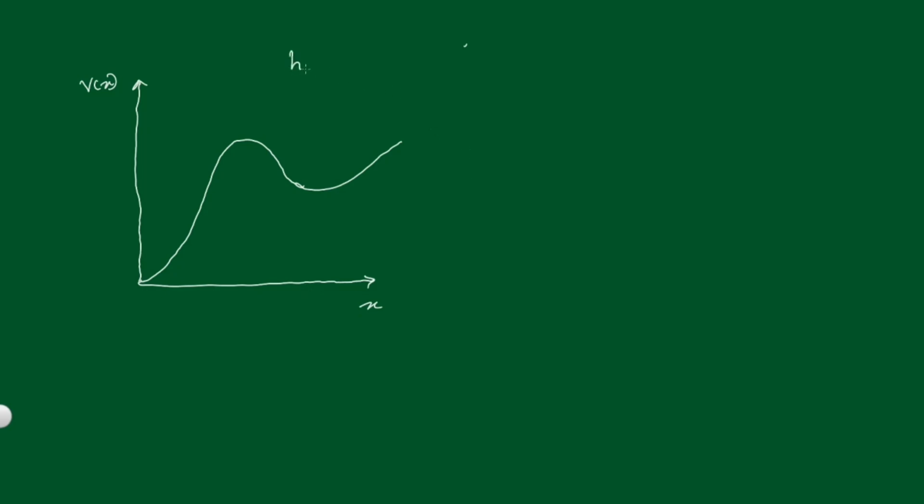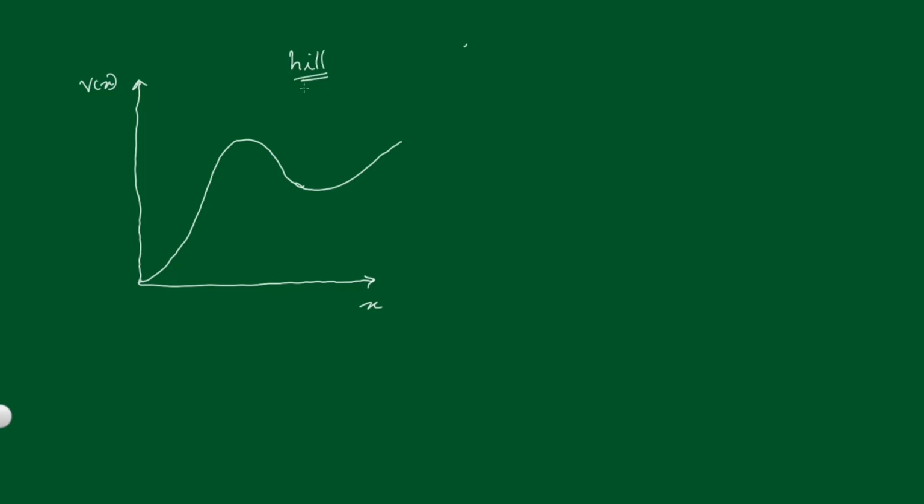Now we are considering another graph. This coordinate is v of x, and this coordinate is the x coordinate. Now here the function is varying like this. It is an example of a hill.